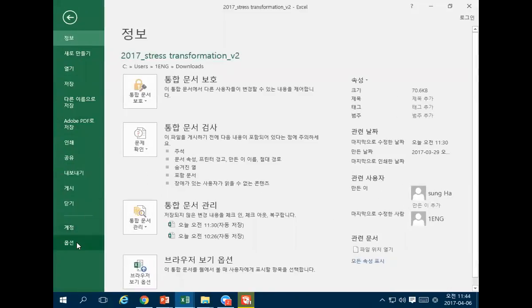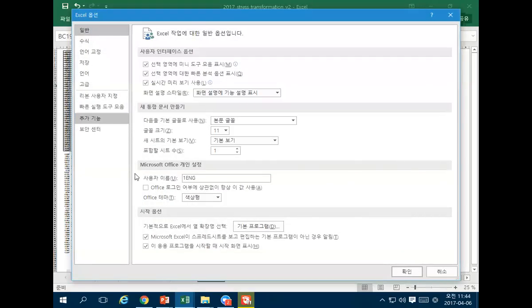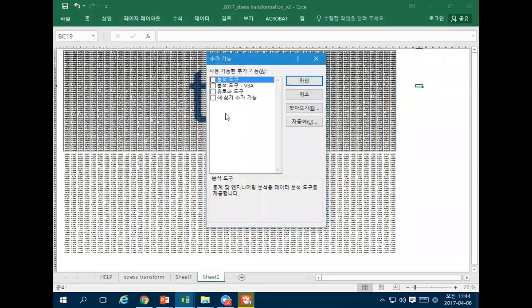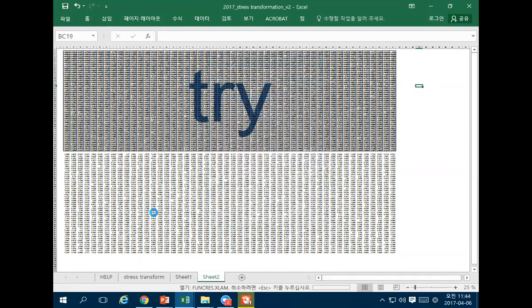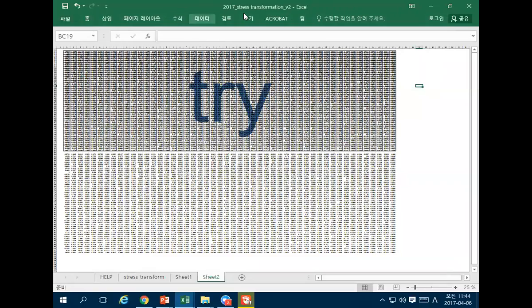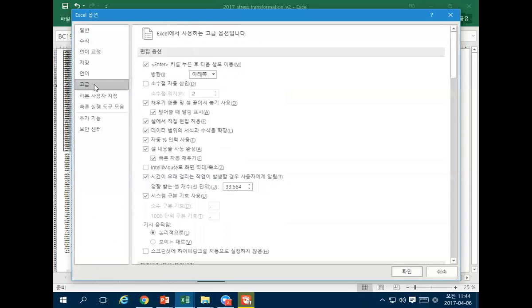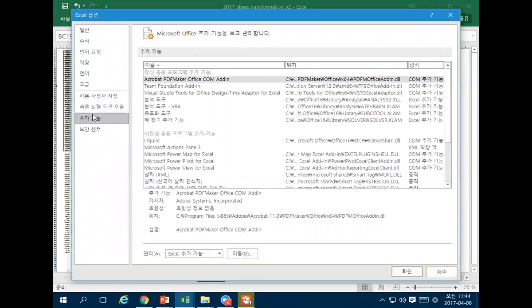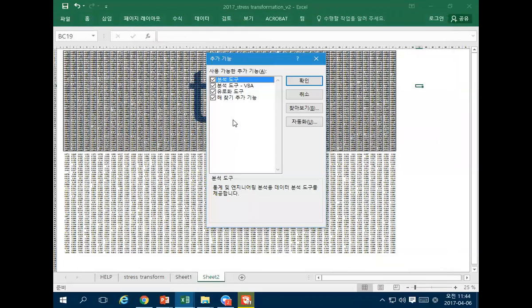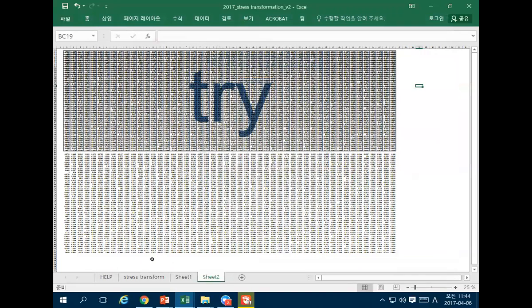그거 하려면 여기 보면 옵션에다가 추가 기능에, 일단 분석 도구 이거 있으면 좋고요. 이게 처음에는 숨겨져 있습니다. 여기 보면, 요거 비주얼 베이직 들어갔고요.